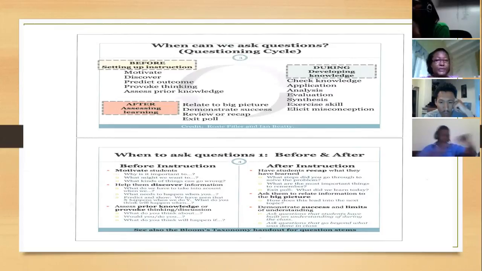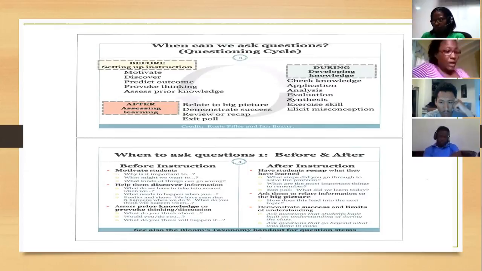During the development stage, you want to check for knowledge, application, synthesis. And then after, we want to put the jigsaw puzzle together to see, did they get it? Can they move from step 1 to step 5 without any kind of distortion? We want to review and recap.